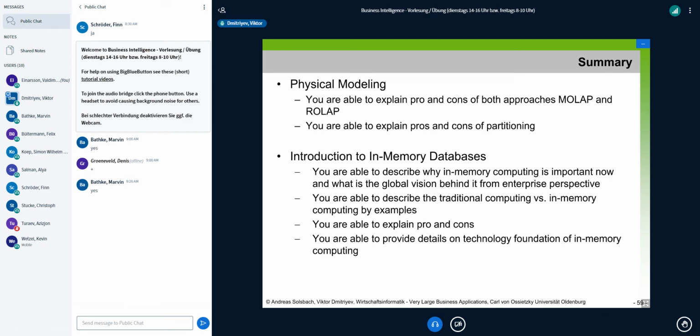I'm not saying that the hype on in-memory databases is coming back. I'm saying only that it's not hype anymore. It's more or less a reality, and you have to be aware of this reality. I'm done for today, and see you next week.